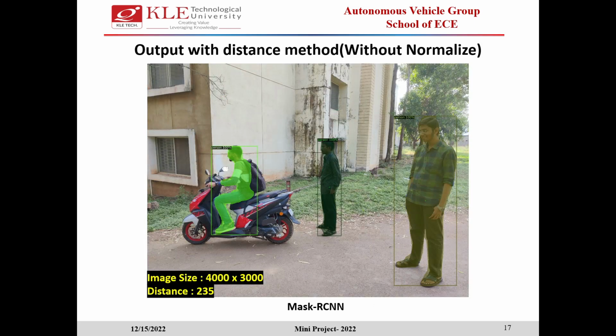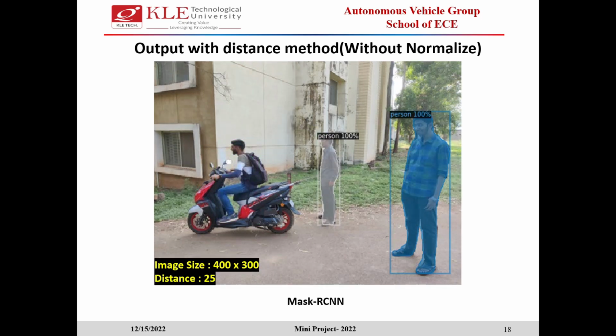Here you can see the image size is 4000 by 3000, where the distance measured was 235. Here we had kept the threshold value of the distance as 100, and here is the resized image whose size is 400 by 300 and the distance measured was 25. This distance 25 is less than 100, hence it has clearly differentiated between the person and a pedestrian.